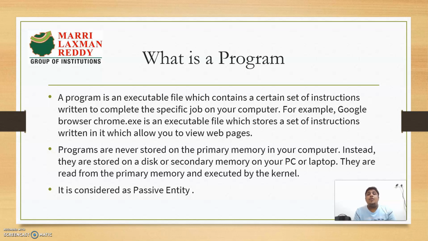Suppose we want to download a text editor, like Notepad which is already there, or Microsoft Word. If you right click My Computer and go into Properties, you can see something about managing memory.